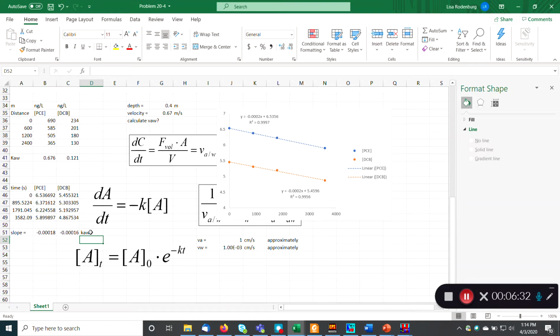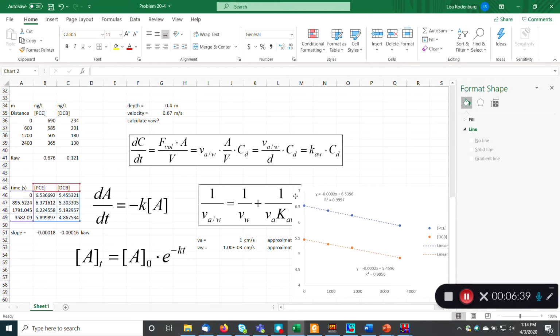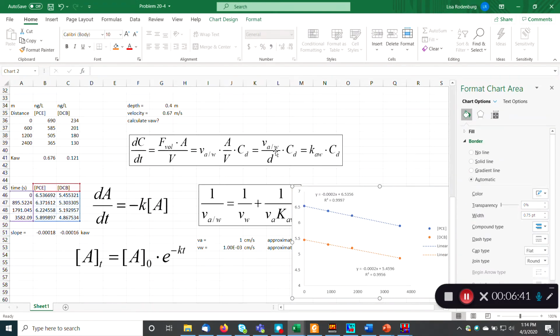Now what we want is v_AW. If you remember how we got that, we did the same thing. Go right back up here. Our k_AW is what we got from the mass transfer coefficient divided by the depth. So to figure out the mass transfer coefficient, we just have to multiply this first order rate constant by the depth.